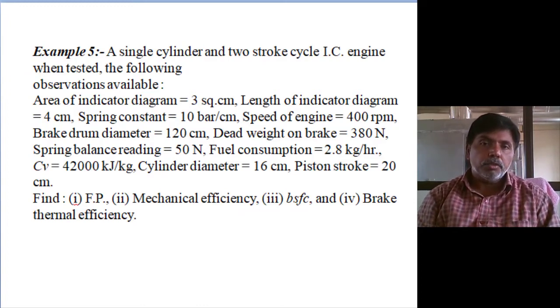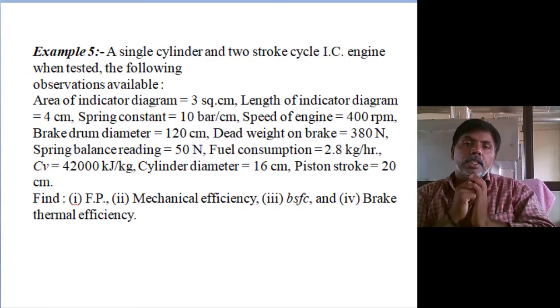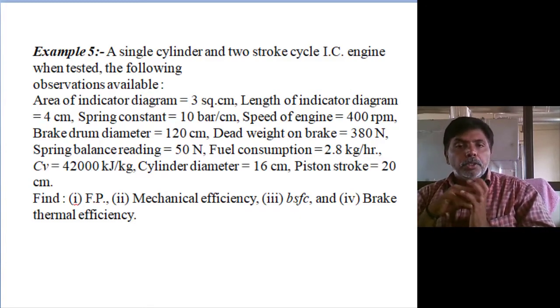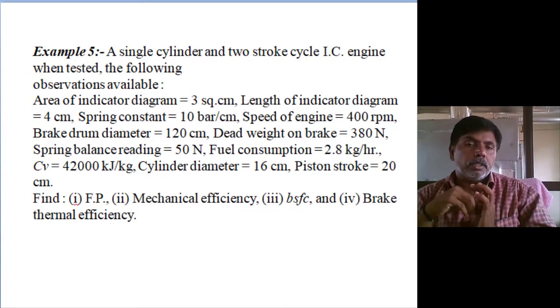Next, the diameter of the cylinder is 16 centimeters, and piston stroke 20 centimeters. By using diameter, you can determine the area; stroke length is given, and mean effective pressure you can determine. Number of power strokes and number of cylinders are known, so you can determine the indicated power and brake power. If you know the indicated power and brake power, you can determine the brake specific fuel consumption.